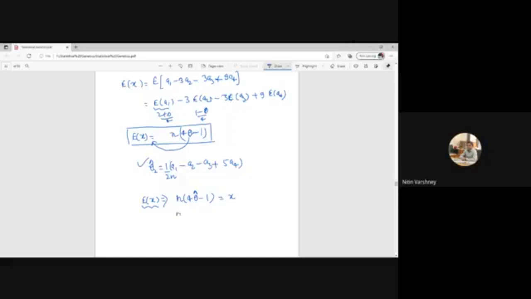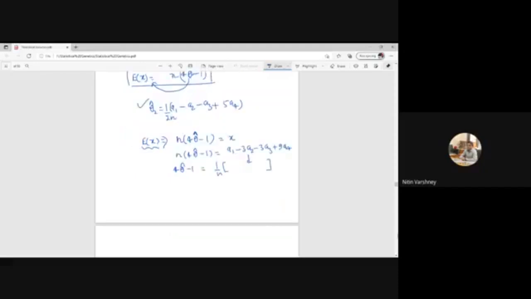So n(4 theta hat minus 1) is equal to a1 minus 3a2 minus 3a3 plus 9a4. Now suppose I take n to this side, so this will be 1 upon n and this equation. Then 4 theta hat is equal to 1 plus 1 upon n, this equation. Theta is equal to 1 upon 4, 1 plus 1 upon n, and this equation.